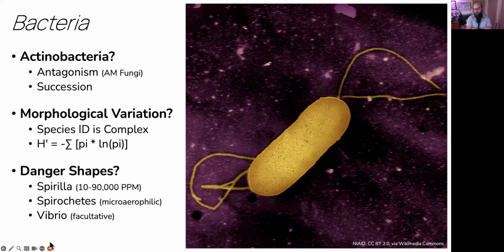I'm going to highlight a couple of things that I've been thinking about over the last few years. I think actinobacteria sometimes get a bad rap. I've actually heard people say that they're antagonistic to AM fungi, so we don't want them, quote unquote. But I've found papers that say that they can also be complementary, cooperative organisms with AM fungi.